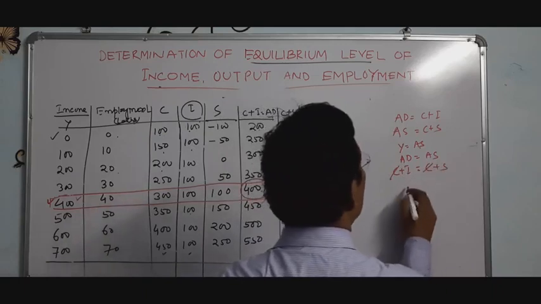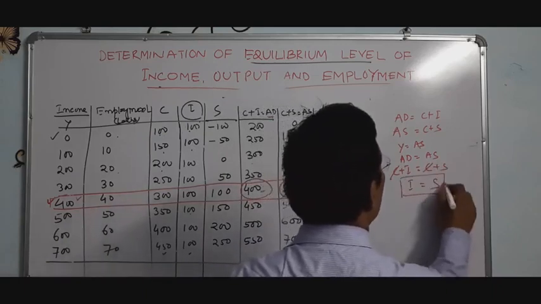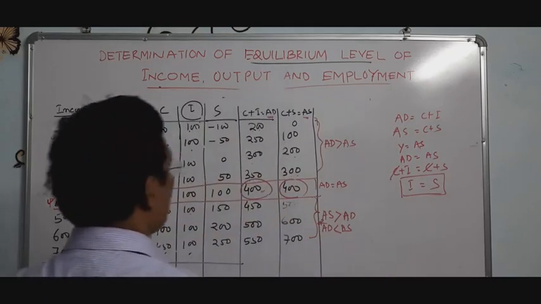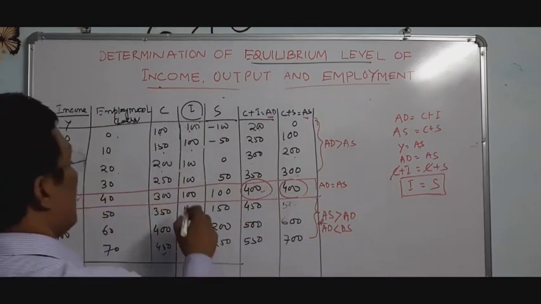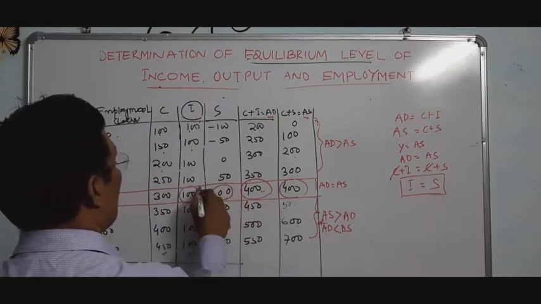C cancels on both sides, therefore I equals S. Here I is 100, S is 100. I equals S.